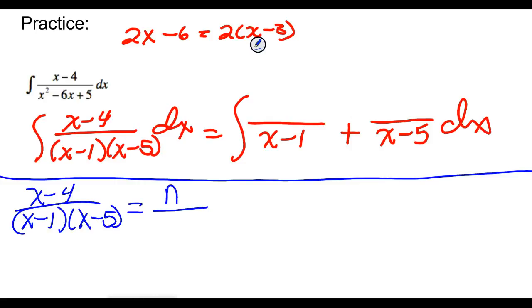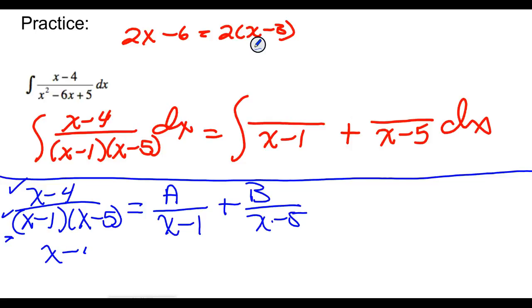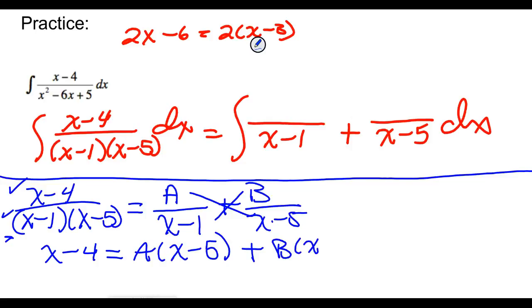I'm going to figure out what must have been on the top of the x minus 1 factor, and what must have been on the top of the x minus 5 factor, so that when I did crisscross applesauce, I got that on the top. So I would just picture multiplying everything through by this denominator. It'll leave x minus 4 on the left, and then over here, you get the crisscross: a times x minus 5 plus b times x minus 1.